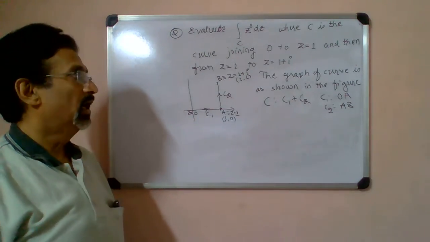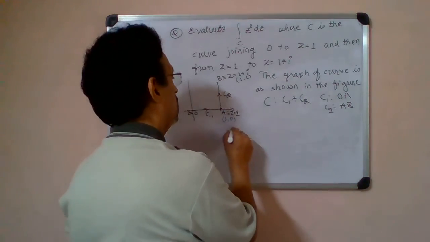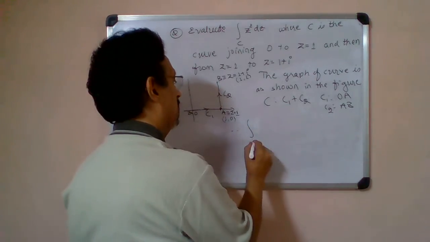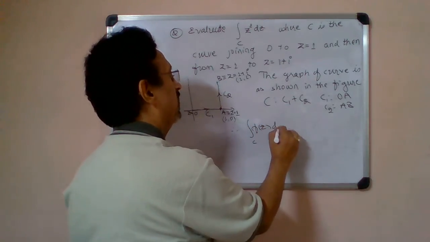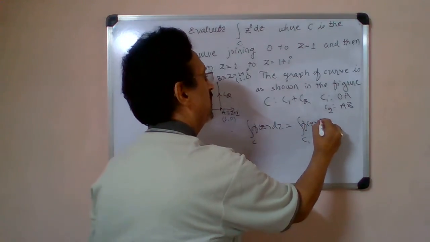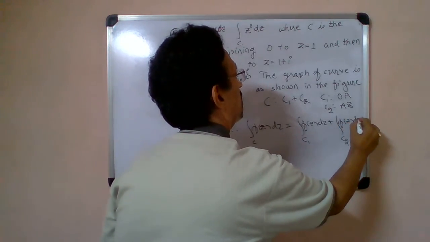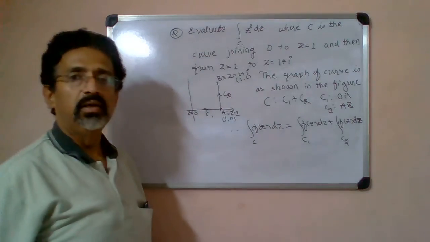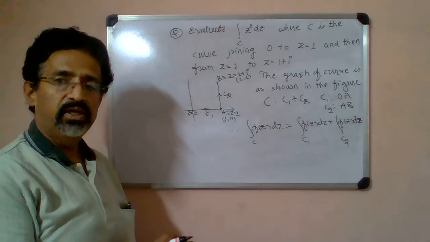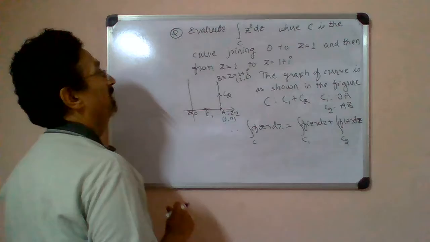Therefore, the integral over C of f(z) dz will be equal to the integral over C1 of f(z) dz plus the integral over C2 of f(z) dz. Now I have to evaluate the integral over C1 of f(z) dz and the integral over C2 of f(z) dz. Now what is f(z)?